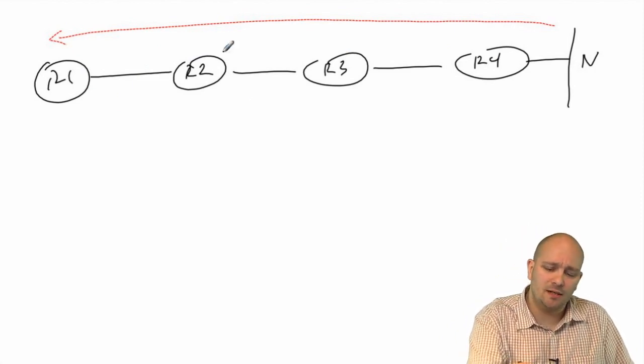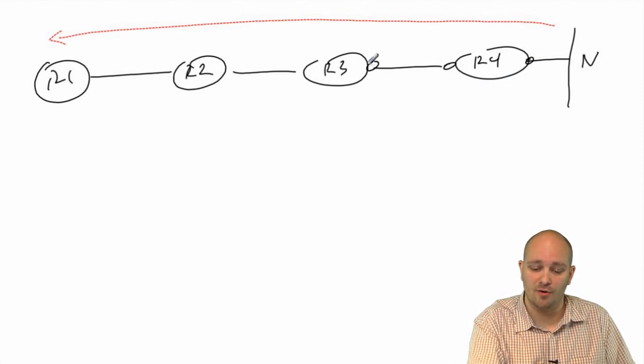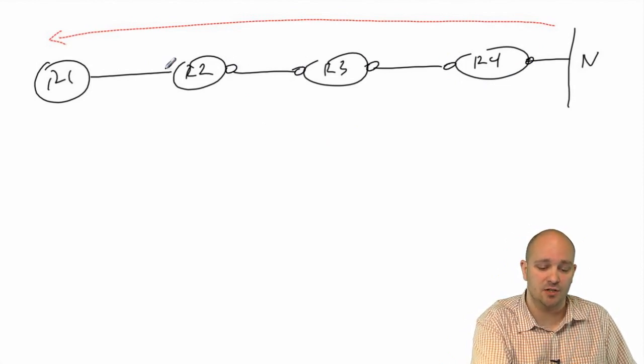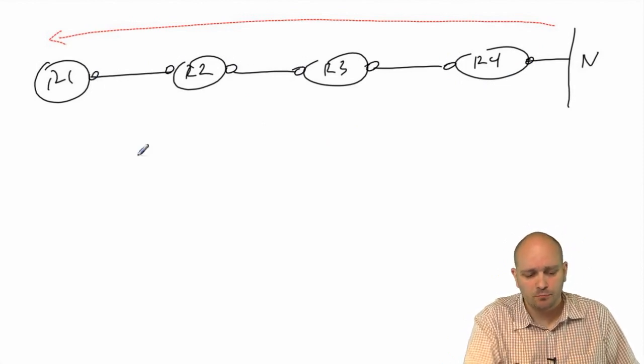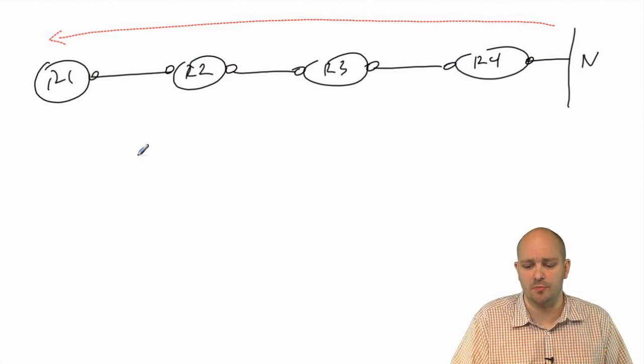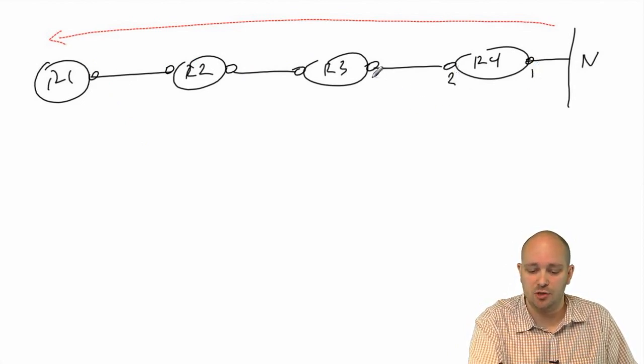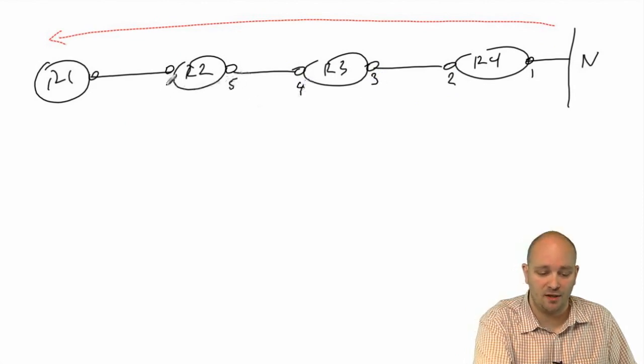Now, to examine this, I'm going to give all of these interfaces on my routers some identifiers, some names, so that it becomes easier to understand how this information propagates. So let's say that on R4, this interface here is interface 1, this is interface 2, 3, 4, 5, 6, and 7.